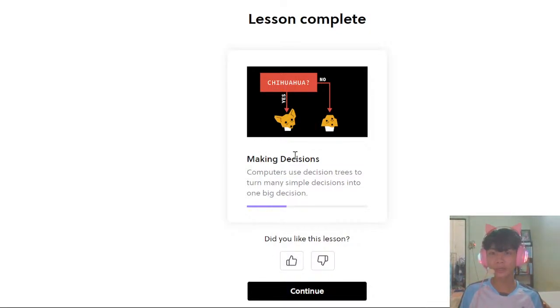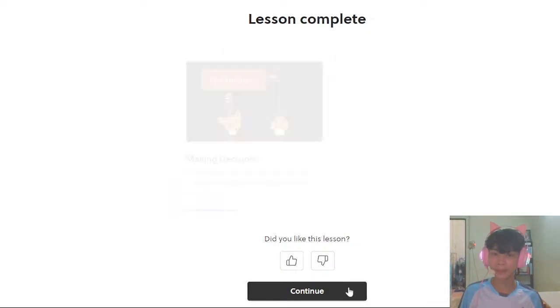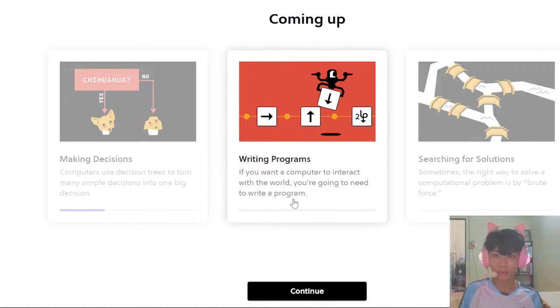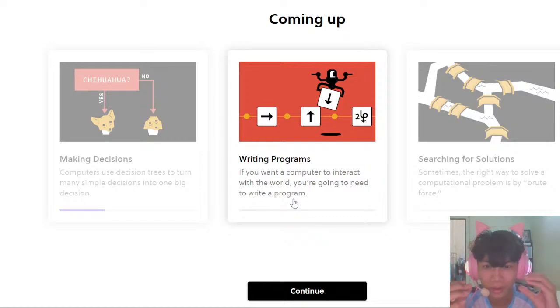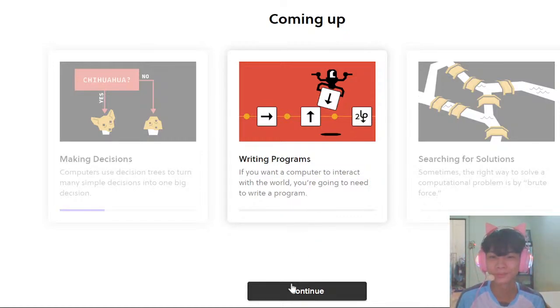We have already done the making decisions topic. So now we go to writing programs. If you want a computer to interact with the world, you're going to need to write a program. Nowadays we hear more and more about AI, artificial intelligence.